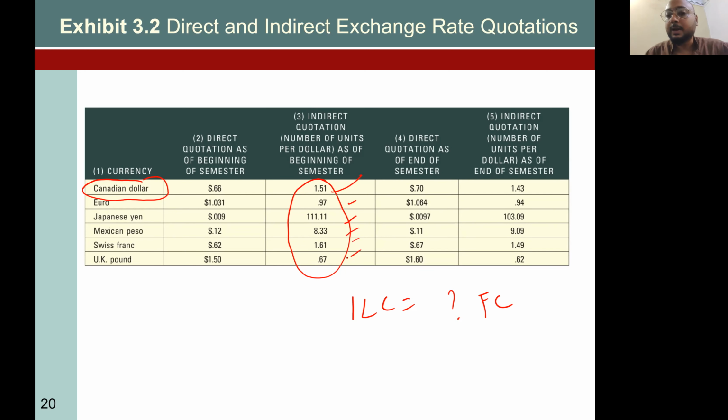Why? Because it means $1 is equal to 1.51 Canadian dollar. $1 is equal to 0.97 euros. $1 is equal to 111.1 yen. $1 is equal to 8.33 Mexican pesos.